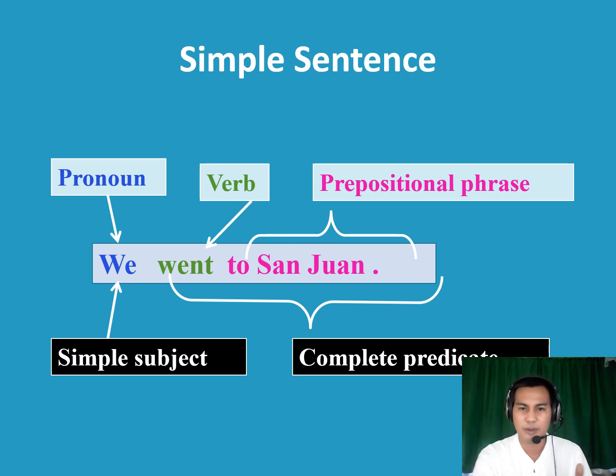Those are prepositional phrases. It begins with a preposition and ends with a noun or pronoun. San Juan here is a noun, the name of a place. So that's to San Juan. That's it. So we have a simple subject, then your complete predicate.